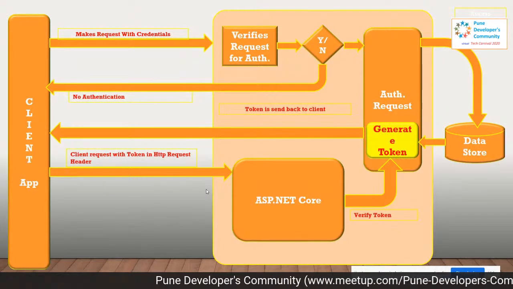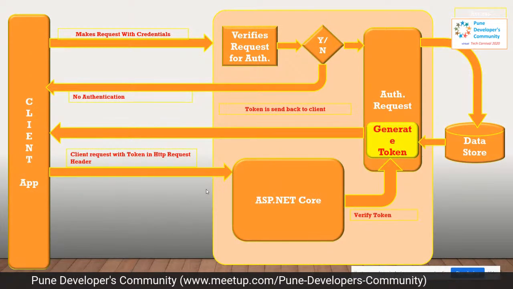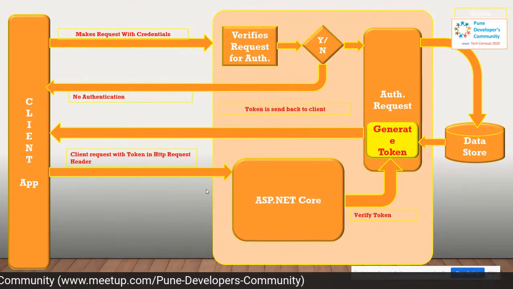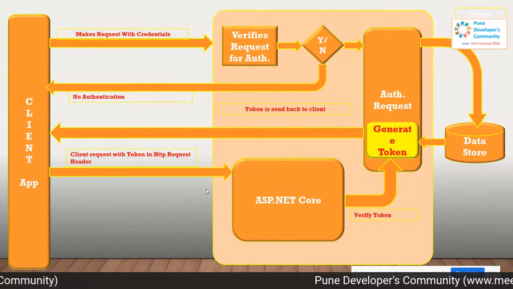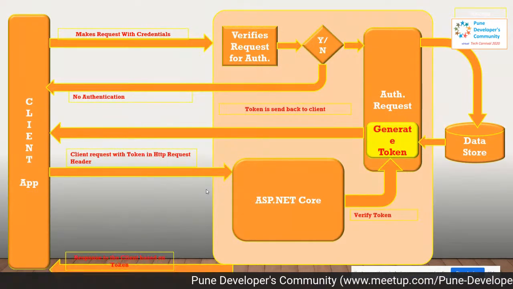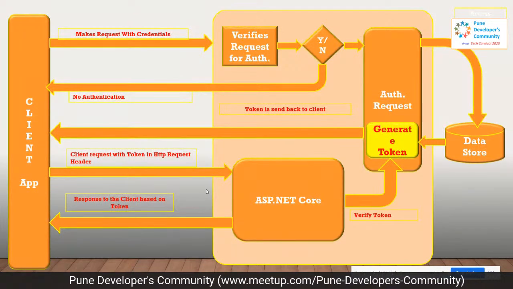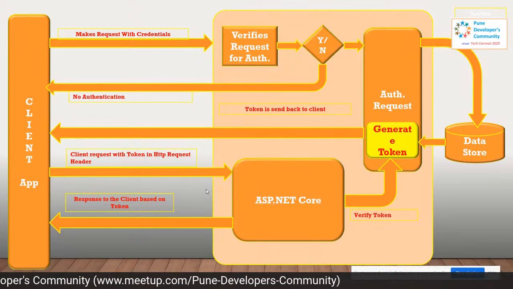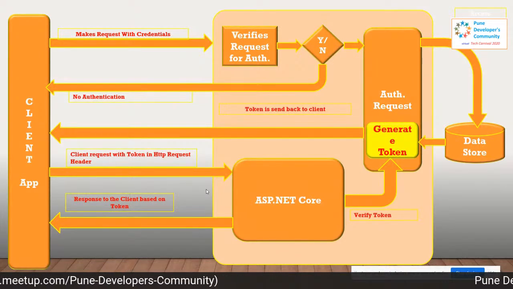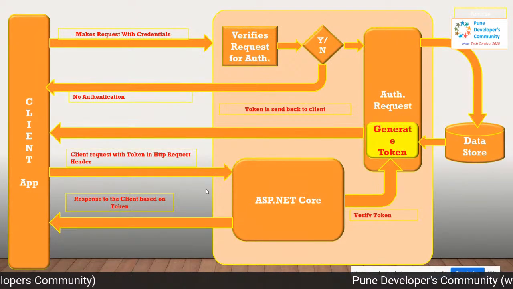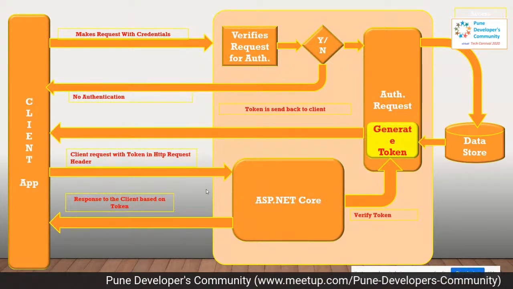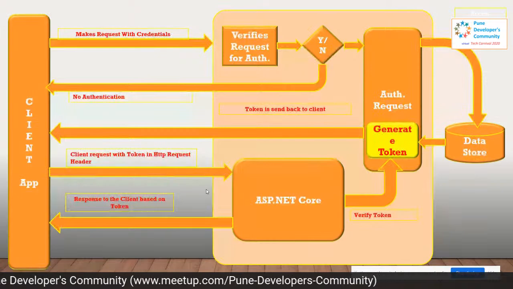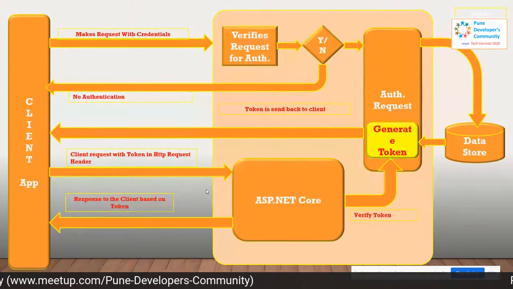If the token is verified, then absolutely no problem, and the response will be given back to the client. But if the token fails, then the 401 response will again be sent back to the client. So this is how it's going to happen. The response will be sent to the client based upon the token validation status.